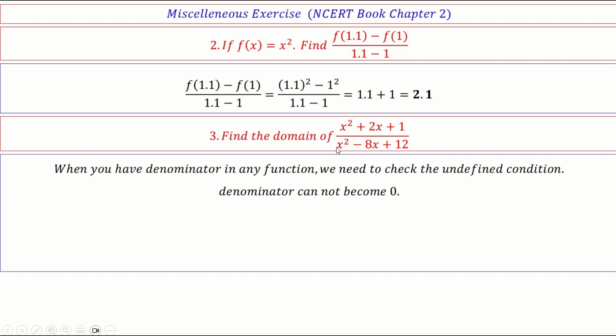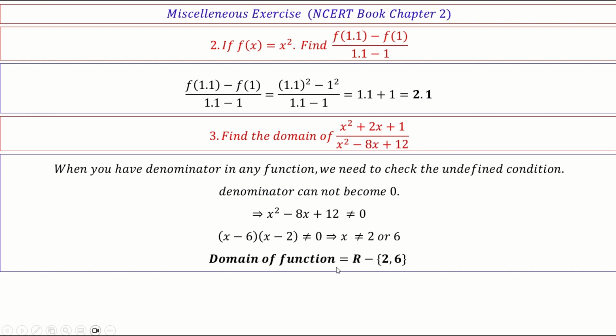If it is 0, then this function will become undefined. Correct. So this should not be 0. X square minus 8x plus 12 is not equal to 0, which means x cannot be 2 or 6. So the domain of this function is R minus {2, 6}. Except this, the rest all are part of the domain. All real values. This is how we have to solve the domain problems. Next.